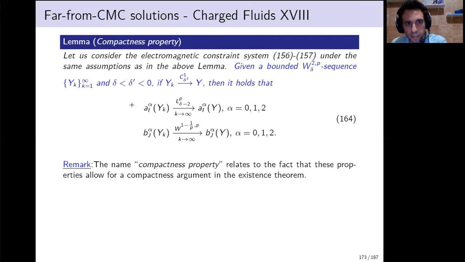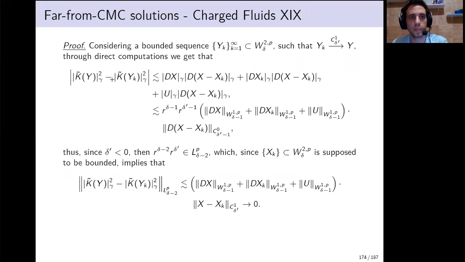Good. So this convergence property is going to be important for us in order to establish convergence in our iteration scheme. So again, let us show this for the case of our charged fluid system. So we have our sequence satisfying our convergence hypothesis here.